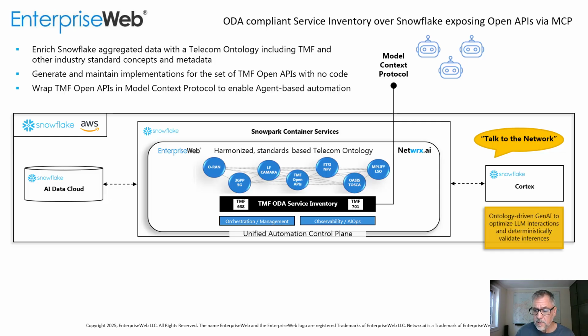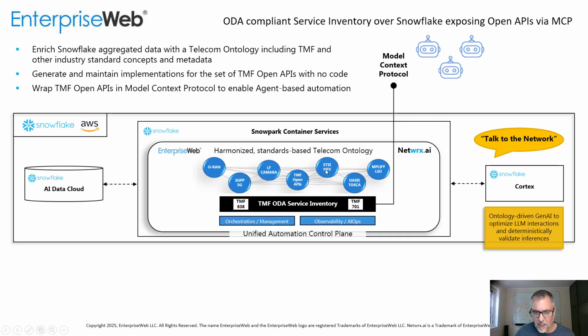In EnterpriseWeb's case, we're using the ontology to optimize LLM interactions. So we are low token, low latency, and energy efficient, and at the same time, we're deterministically validating all LLM inferences via the ontology. So this is sort of flipping the script with GraphRAG, where GraphRAG is generally tightly coupled to an LLM, and it's subordinate to the LLM.